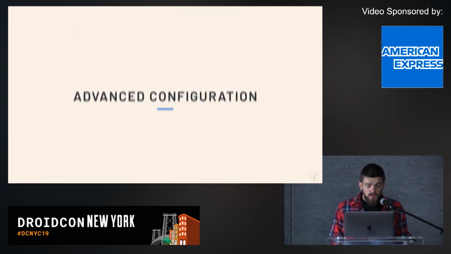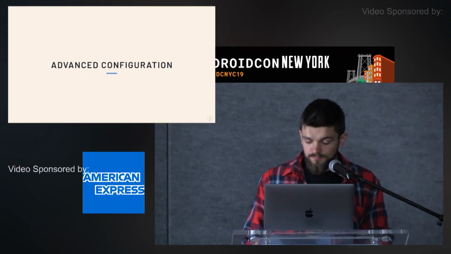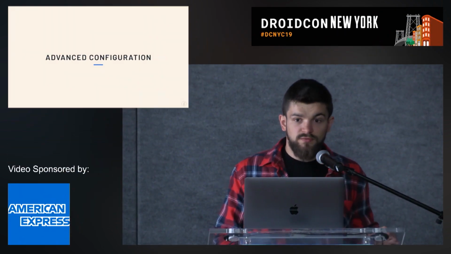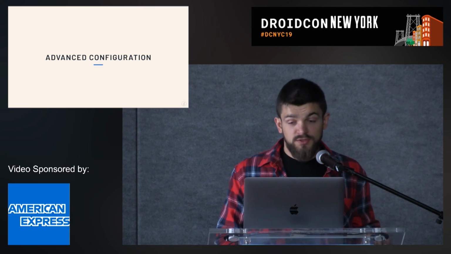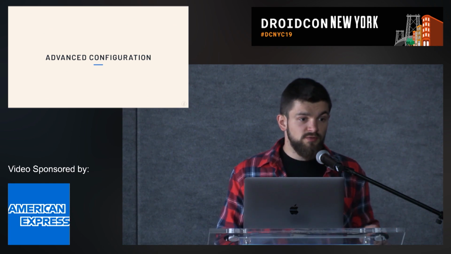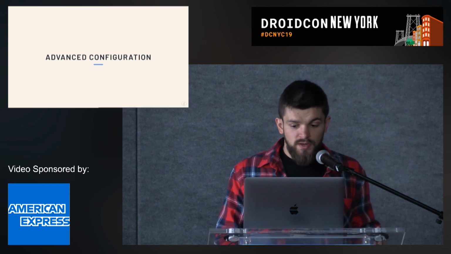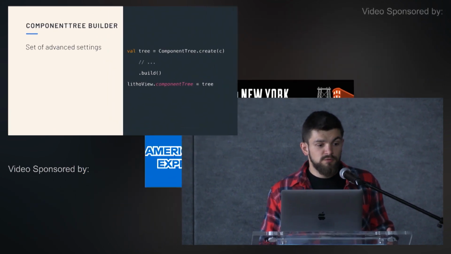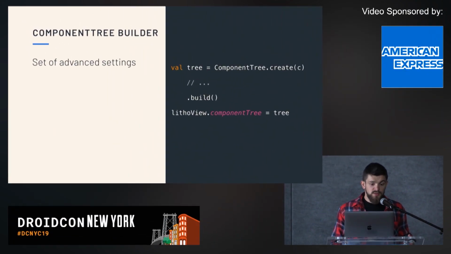And also, as a last thing, I would like to mention some advanced configurations that are available in the framework. As you saw in the very first example, we were just creating LithoView and providing component. But actually, we have an API for more granular tweaks.